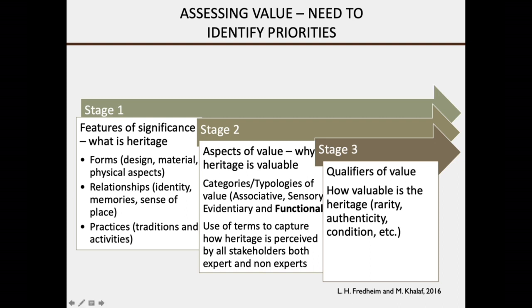And practices, about traditions, activities, and events. And stage 2 is about the aspects of value, or what we call the typology, the different typologies and classifications of value, to answer the question of why heritage is valuable.